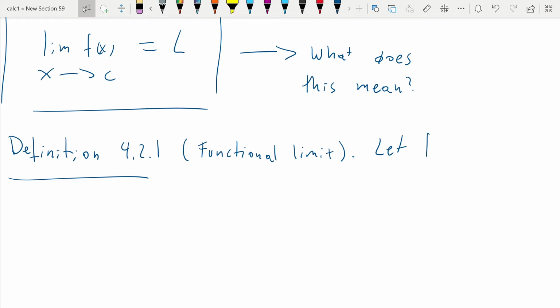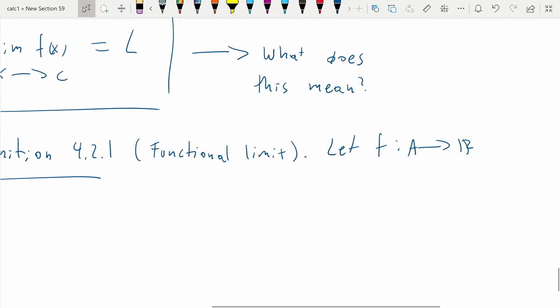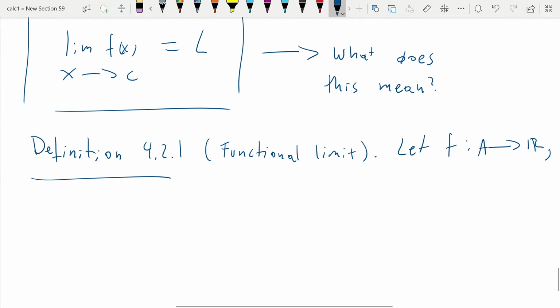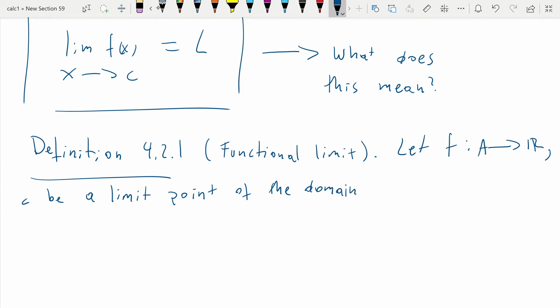Let f from some subset A of R to R be a function, so it's well defined, and let c be a limit point of the domain A.